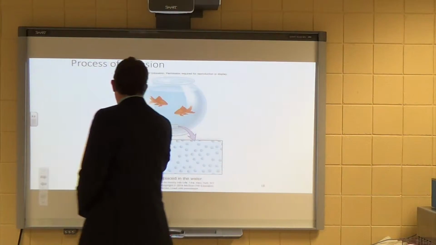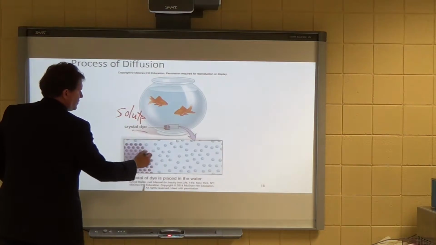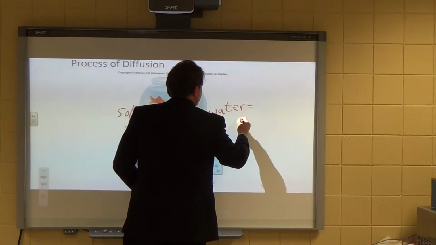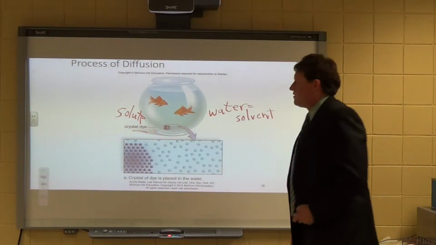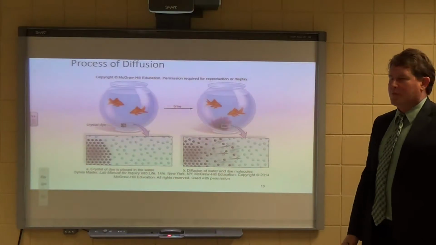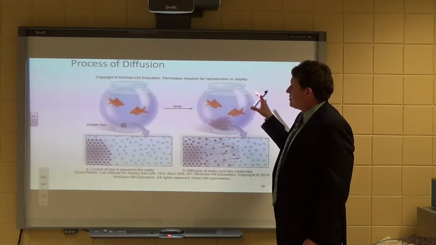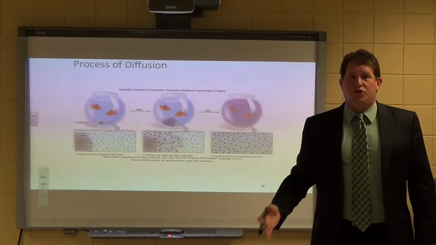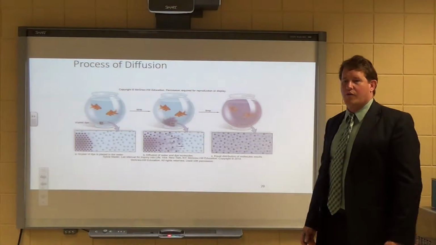So here we've got the dye is the solute, and the water is the solvent. And over time, it diffuses more and more into the bowl until it's finally distributed uniformly across the whole bowl, across the whole volume of water.